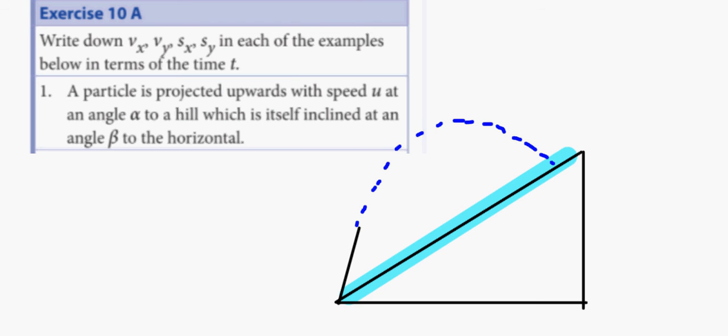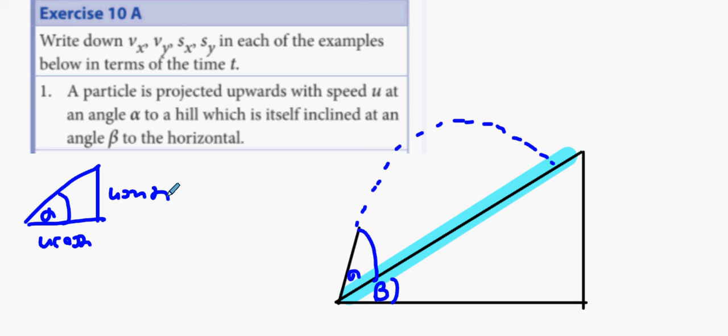Alright, next thing. We do angle alpha, and then we do angle beta. We start off with what we always do. The thrown angle alpha, and you end up with u cos alpha, u sine alpha. Everybody cool with that? Alright, next thing is you're going to have to break up what we call our gravity triangle.